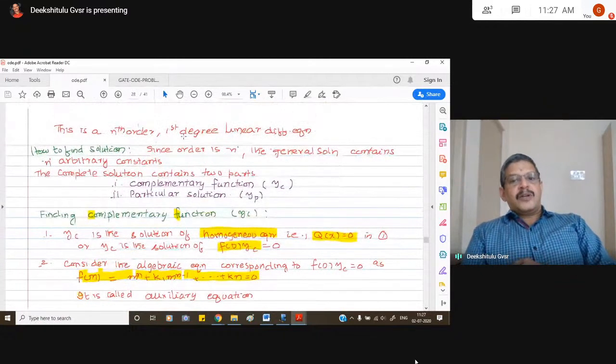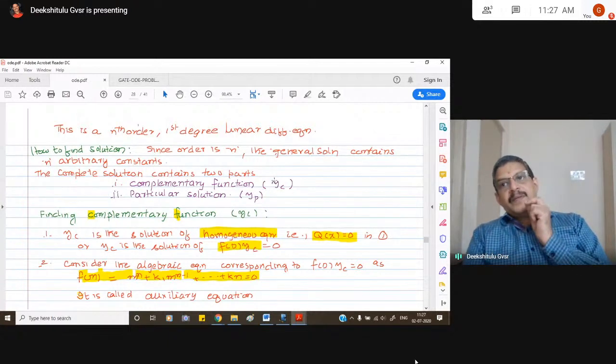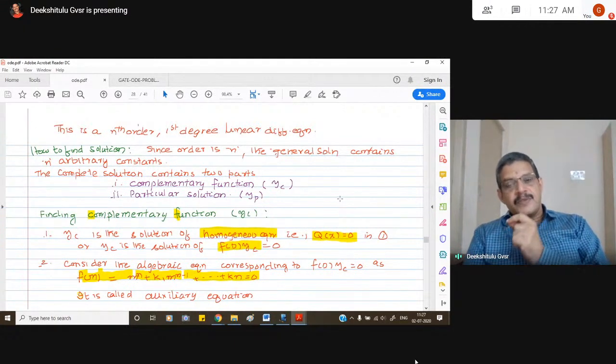So this is an nth order first degree linear differential equation with constant coefficients. Then how to find the solution? This is the issue. Since the order is n, the general solution, as we discussed in the formulation of differential equations, contains n arbitrary constants. If you solve an nth order differential equation, you will get n arbitrary constants in the solution.